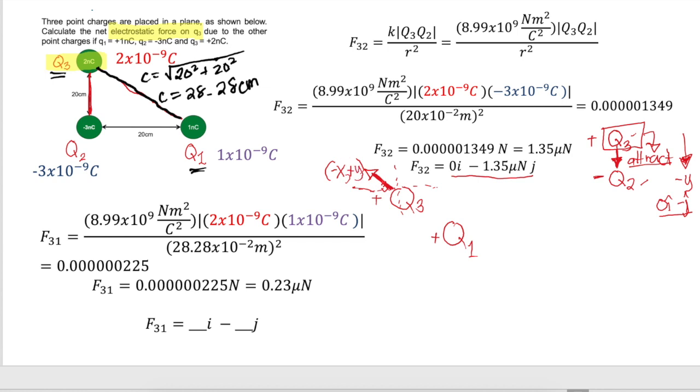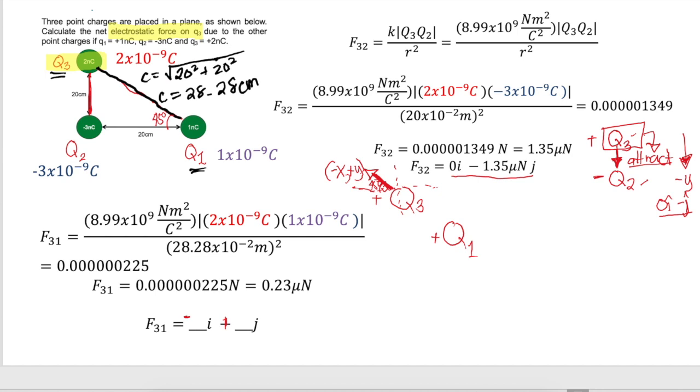Now what is the angle? If you observe, this is actually an isosceles right triangle. That means this is 45 degrees. So we expect a negative x and a positive y with an angle of 45 degrees.